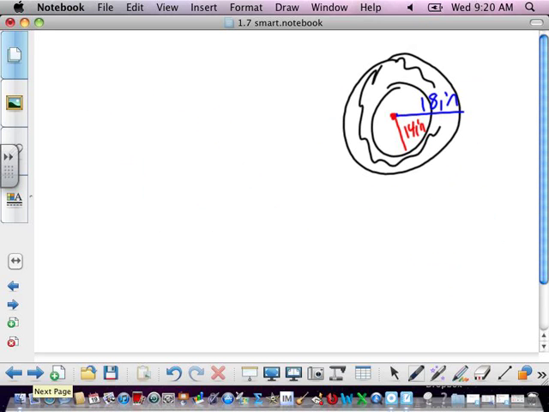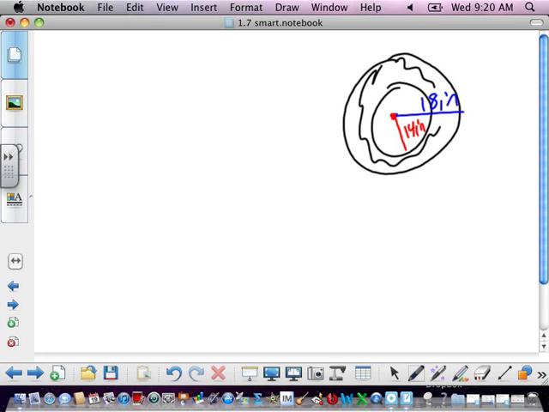How am I going to do this? What do you guys think I'm going to do? Can I find the area of the whole tire? Yeah, because I know the radius, right? Can I find the area of the rim? So how is that going to give me the answer? Add the areas together?